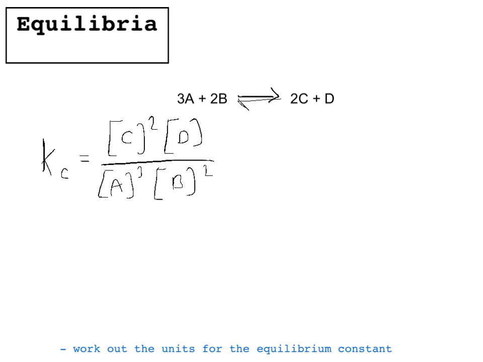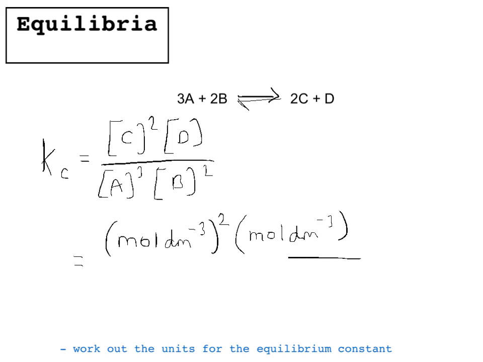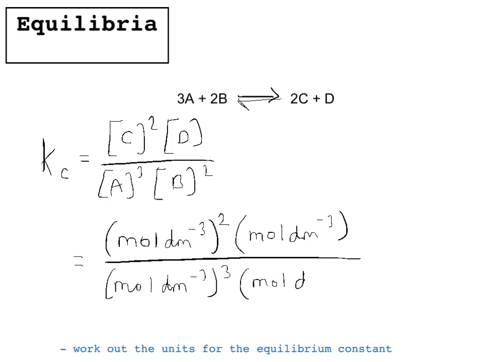All of these concentrations have the units moles per dm cubed. So if we write moles per dm cubed in place of each, we'd have, for C, moles dm to the minus 3, squared, times moles per dm cubed, over, for A this time, moles per dm cubed cubed, times moles per dm cubed squared.